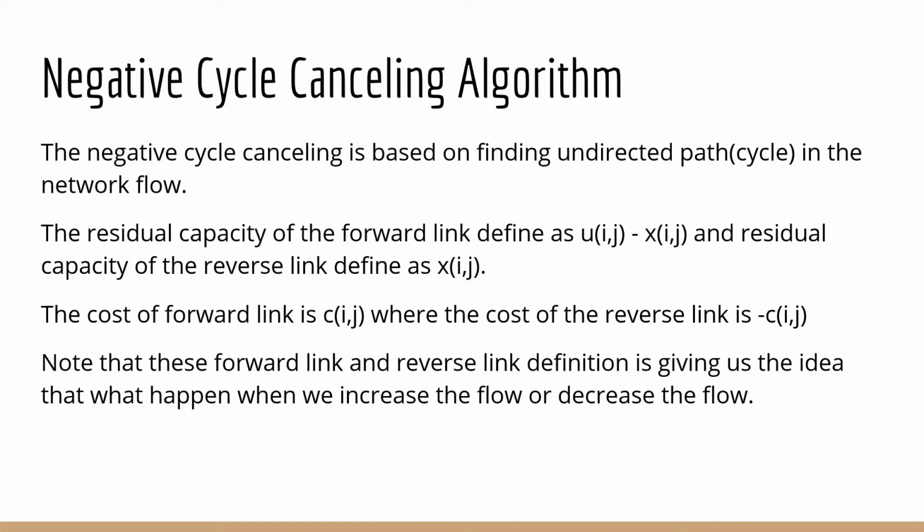The residual capacity of the forward link is defined as U_ij minus X_ij, and the residual capacity of the reverse link is defined as X_ij. The cost of the forward link is C_ij, whereas the cost of the reverse link is minus C_ij. So note that the forward link and reverse link definitions give us the idea of what happens when we increase the flow or decrease the flow.